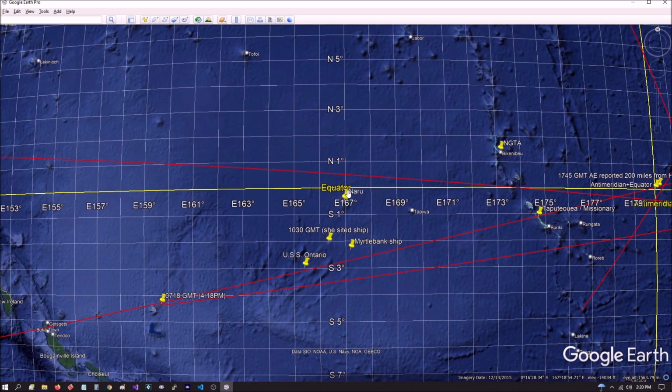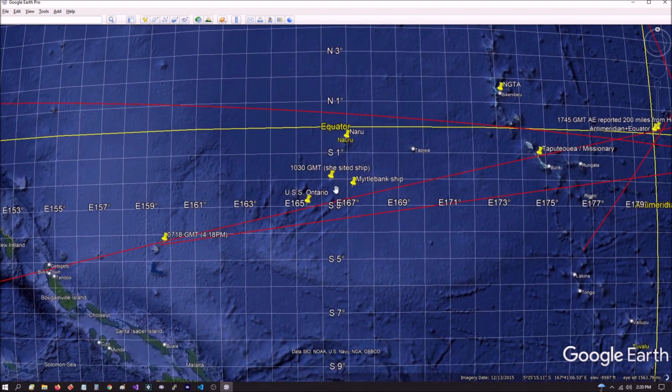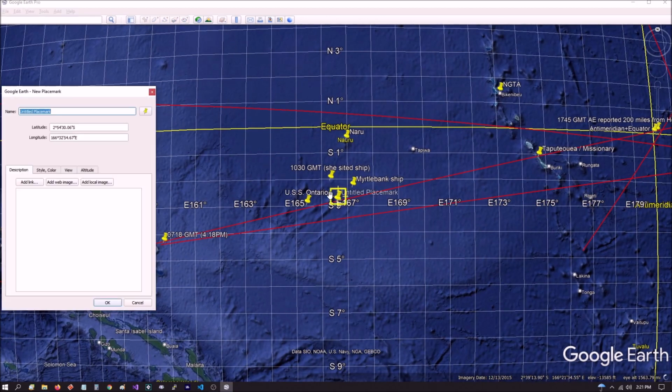Now, remember, if you go back and read the transmission, her signal strength was not that strong. So he may have not been accurate when he was calculating her southerly position. Now, she said she's seen the ship. Well, she could have seen the ship from 8,000 feet if she was here, but she also could have seen the USS Ontario if she was over here.